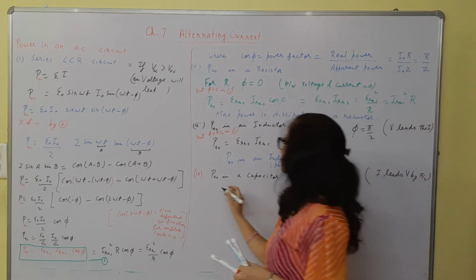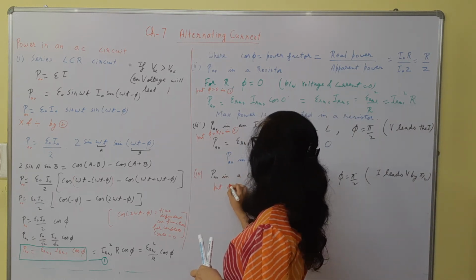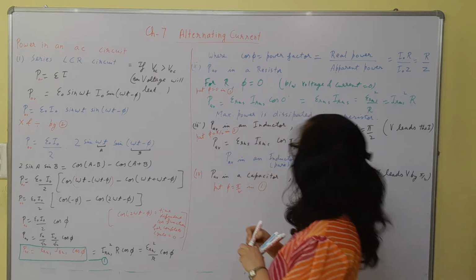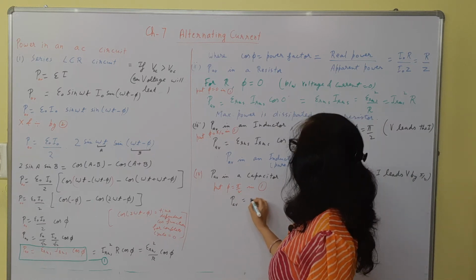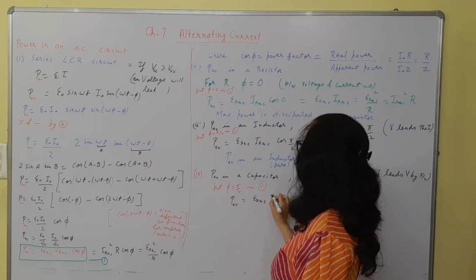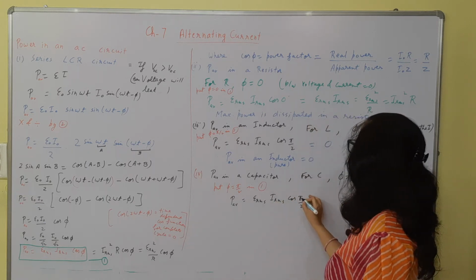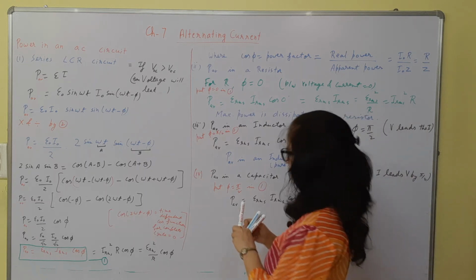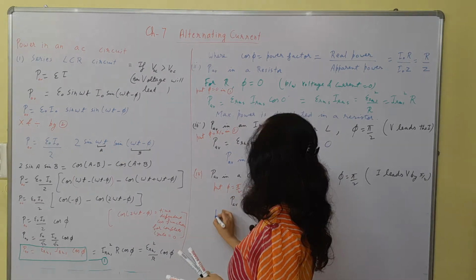So put this in. You will get average power equal to E RMS I RMS cos of pi by 2, and this gives me 0. Therefore, the average power in a capacitor is also 0.